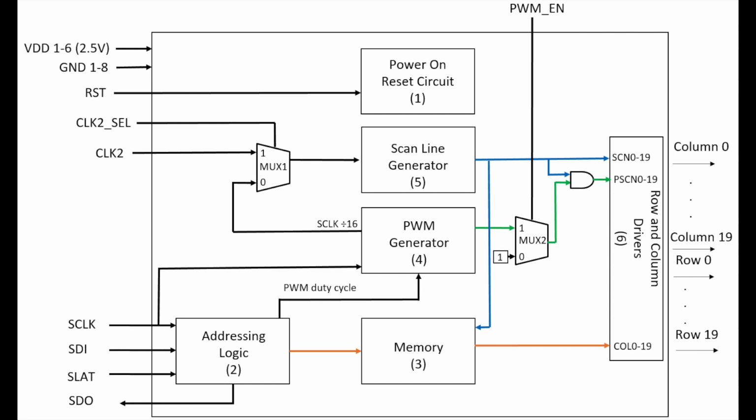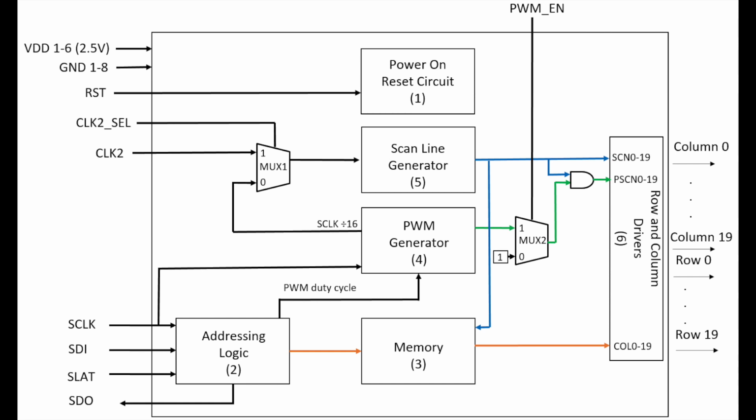These signals are sent to the row and column drivers, which are large devices used to supply sufficient current to the display. The PWM enable signal is used to set the state of a multiplexer, which either allows the PWM block to be bypassed or uses the duty cycle generated by the PWM block to set the duty cycle of the voltages asserted by the drivers.